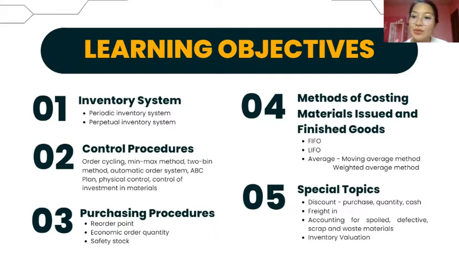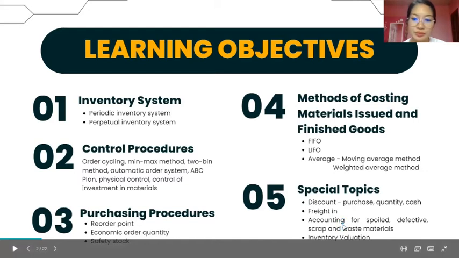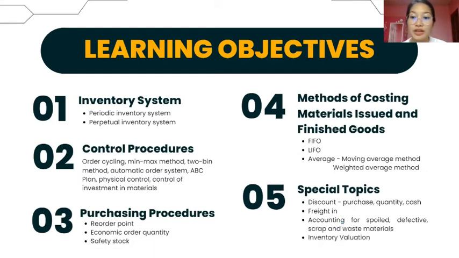And then lastly, we have special topics. So we will learn how to compute for the purchase discount, the quantity discount, and cash discount, and their journal entries. And then freight in, which I believe you have tackled before. So accounting also for spoiled, defective, scrap, and waste materials.